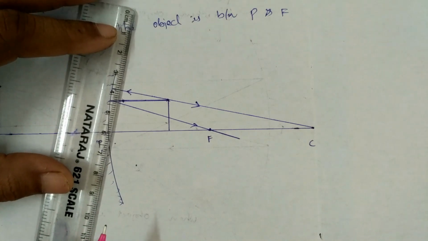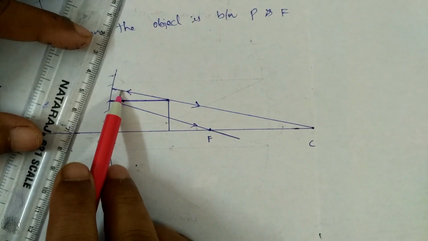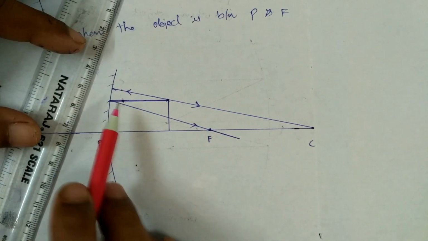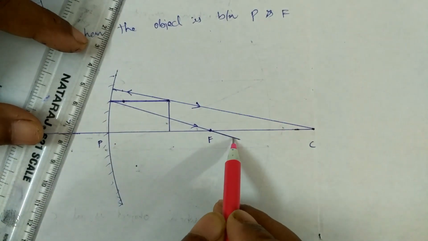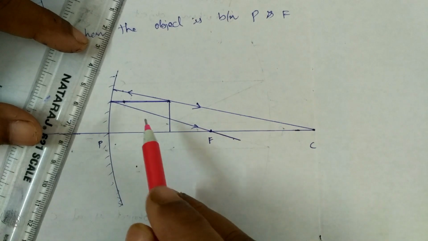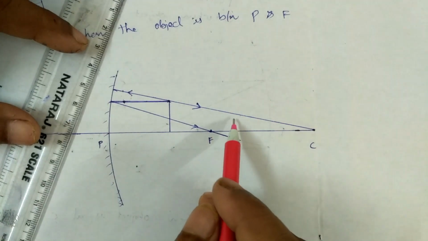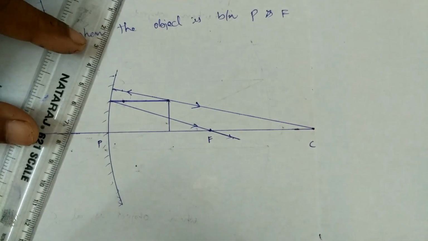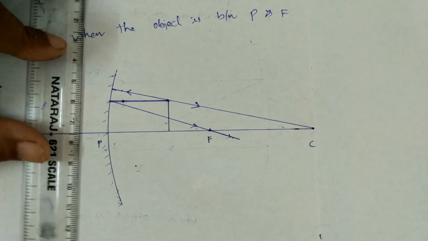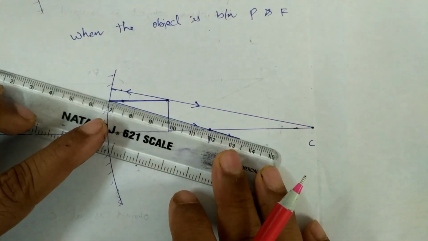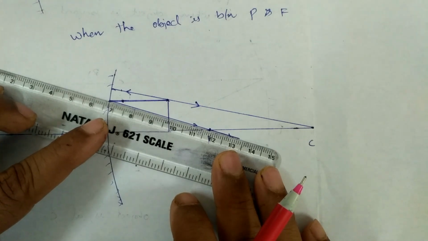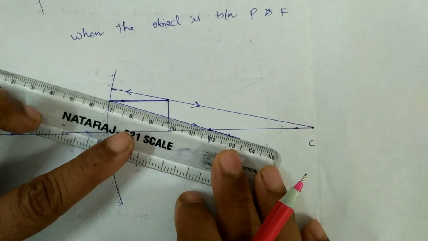On observation, we can know that here the reflected rays are near. Here they are far away, somewhat compared to this. So the reflected rays are diverging. When the reflected rays diverge, we have to extend them in the back side with dotted lines because there won't be any rays at the back of the mirror.